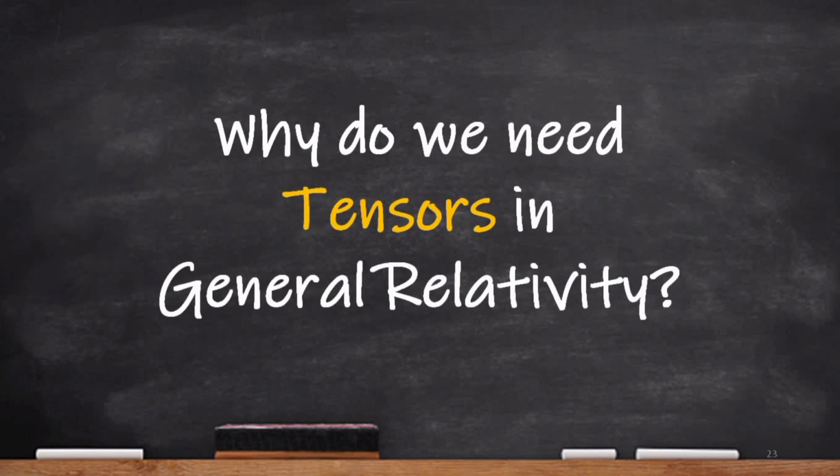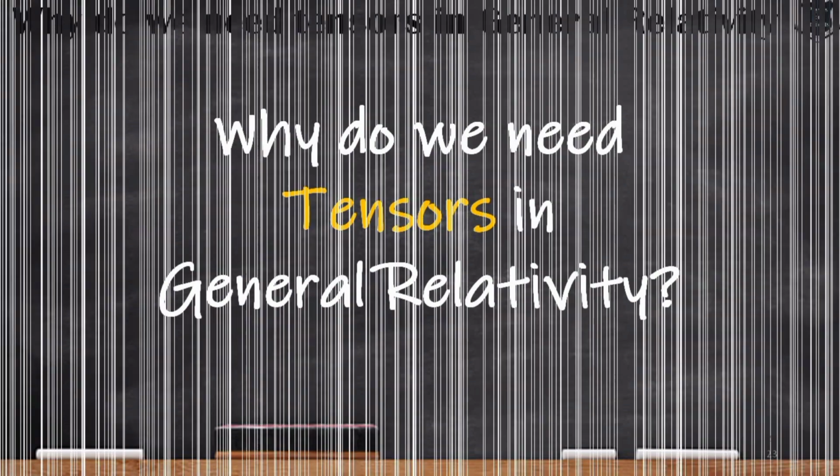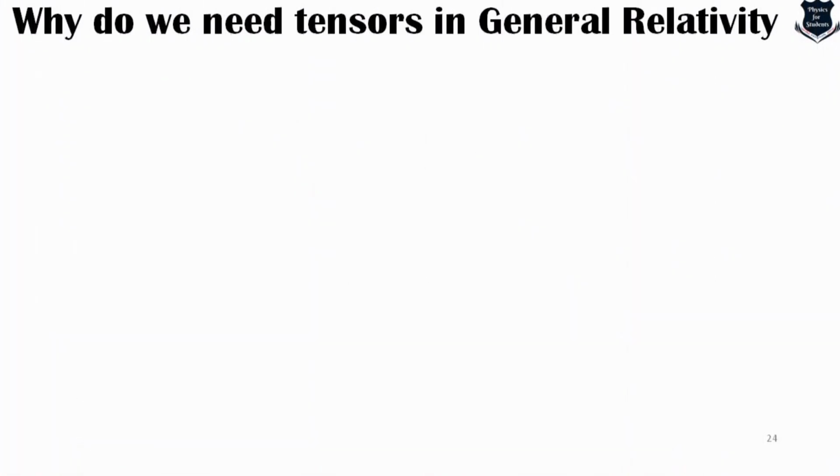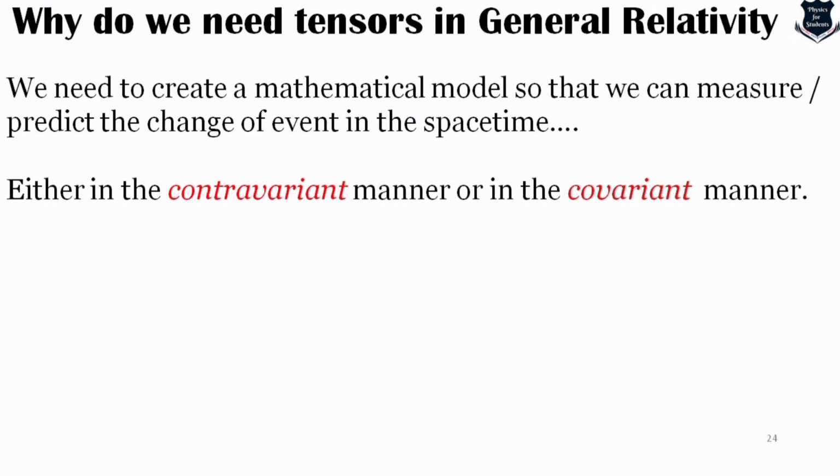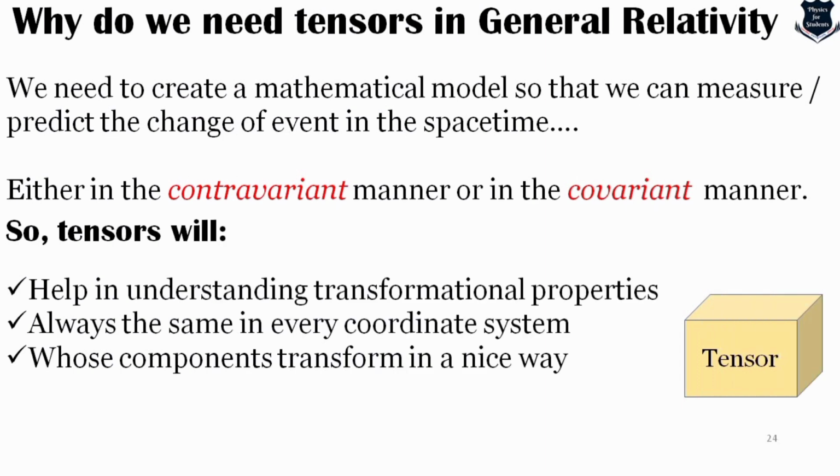Okay, so now as we have seen, there is some kind of a challenge that we are facing in terms of measuring the basis of vectors which are moving and creating all those kinds of problems. So that is why we need to understand why we need tensors in general. We need to create a mathematical model so that we can measure or predict the change of events, either in the contravariant manner or in the covariant manner.